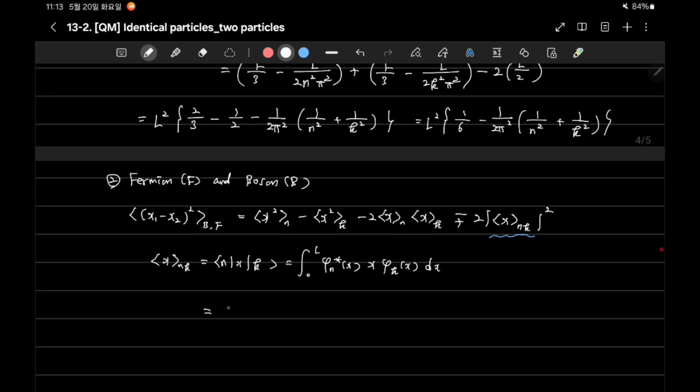The result is L over pi square, 4nk over n square minus k square, to the square, and minus 1 to the n minus k, minus 1.